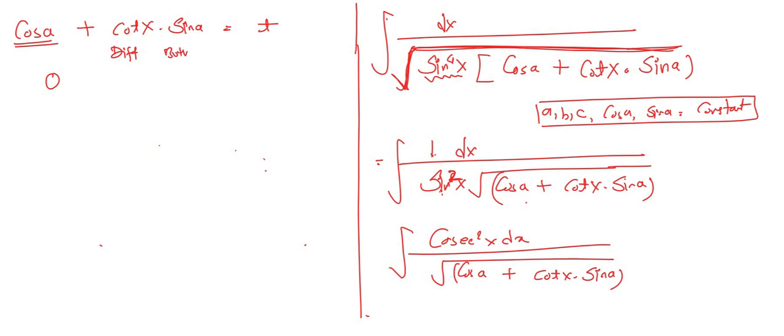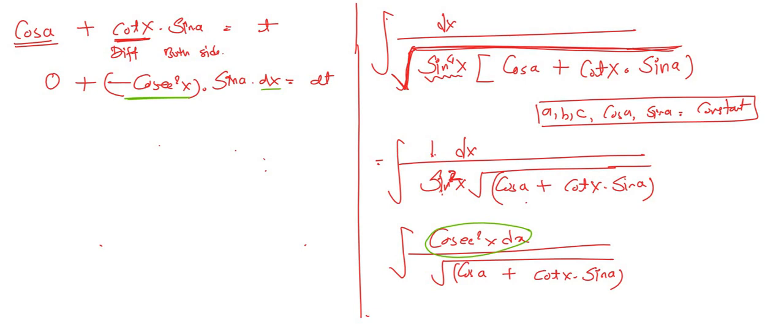So 0 plus, what is derivative of cot? Minus cosec square x into, this is just a constant term, dx is dt. So I am kind of getting it here. Correct? I am getting this and this. Only this is extra.